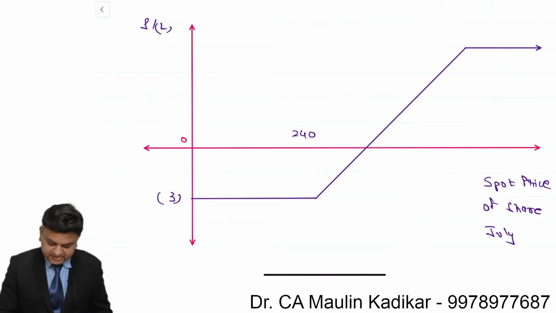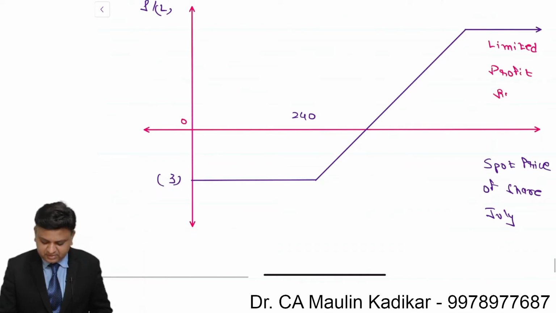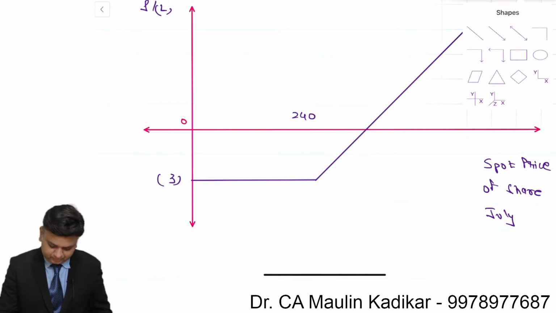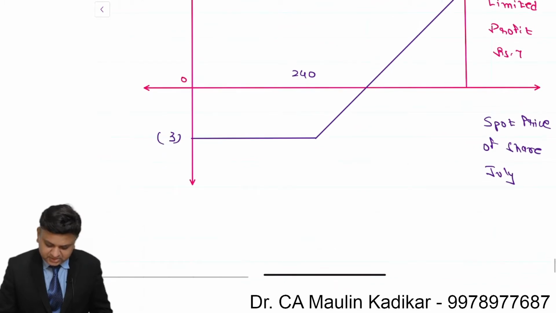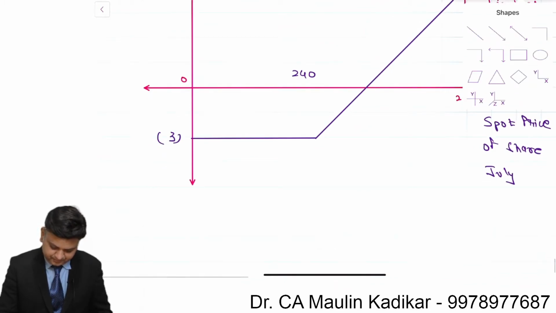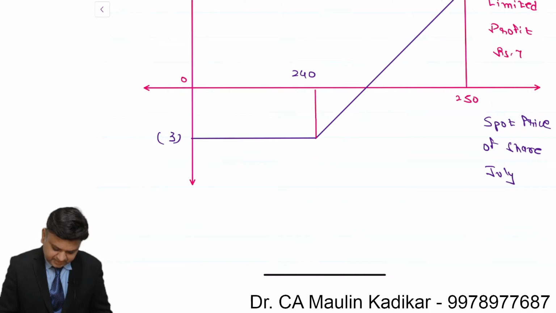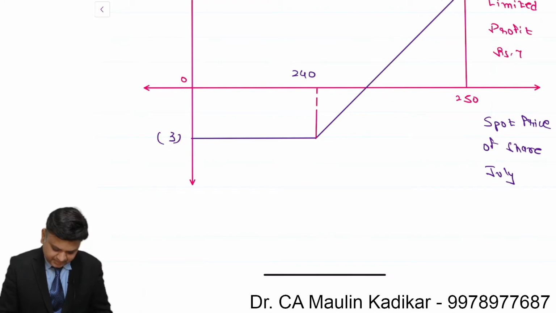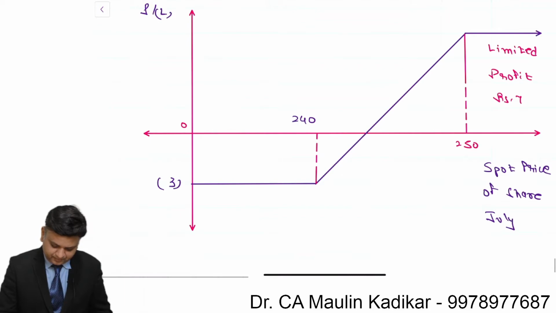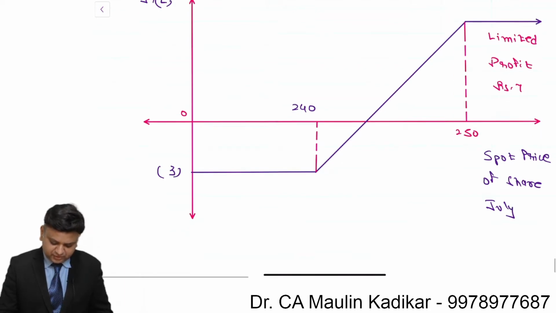So we can say that there is a limited profit potential, an amount of rupees 7 in this example. This is the price 215 and this is the price 240, that is, the two exercise prices at which the transaction is entered upon, and the break-even point is 243.